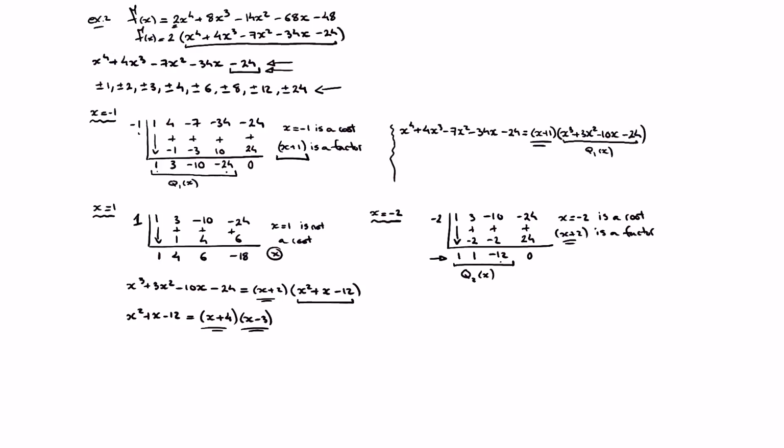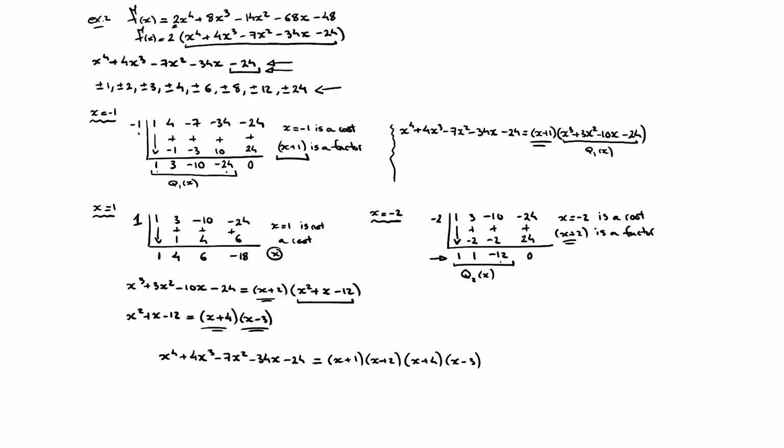So going back to our polynomial, we can write that x to the power of 4 plus 4x cubed minus 7x squared minus 34x minus 24 equals x plus 1 times x plus 2 times x plus 4 times x minus 3. But we're not quite done.